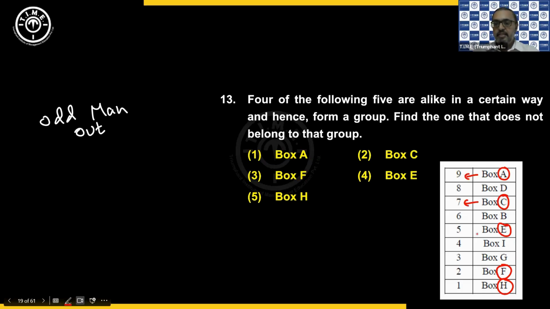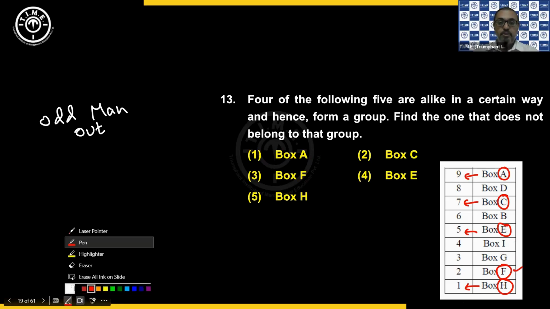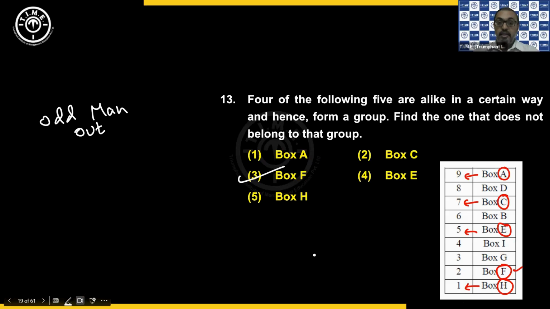A, C, E, and H. Can I say they all are in odd positions? Whereas F is the box that is available in an even position. So the odd man out here is odd number positions. That is the common logic. And F doesn't belong to that logic. So third option.